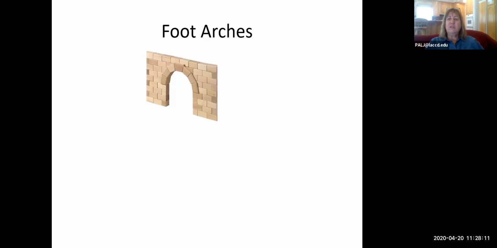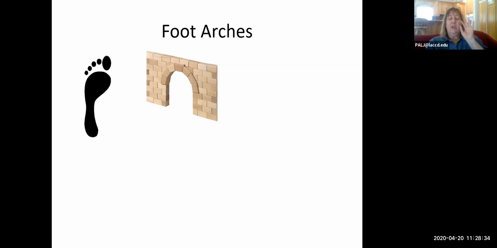But what an arch does, it allows you to have a lot of small pieces, and then you put one tiny little triangular shaped capstone right in the middle. So all the weight comes down and then gets distributed among the arch. And so this is what happens actually in the foot with the 7 tarsal bones.